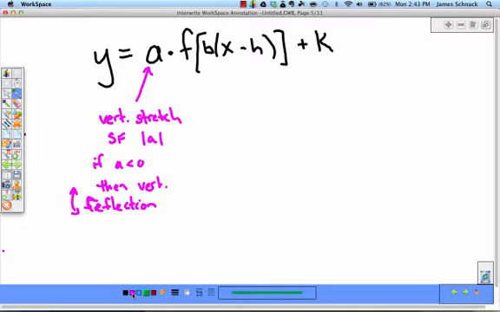An example of a function that we'd see with trigonometry might be y equals 2 sine of x.